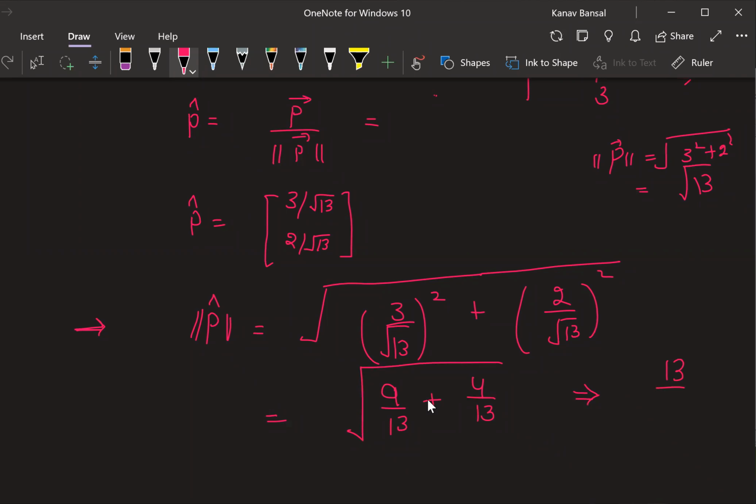Everyone able to understand this part? If so, then we'll talk about how to compute d. Because we already know that B cap is nothing but the B vector divided by the length of B vector, into d.